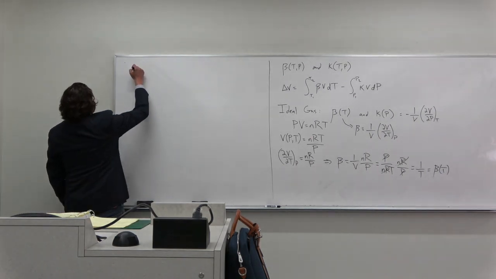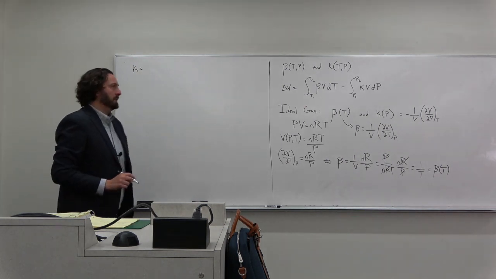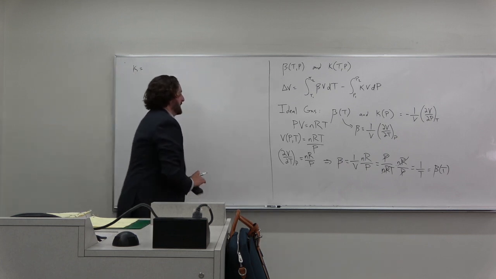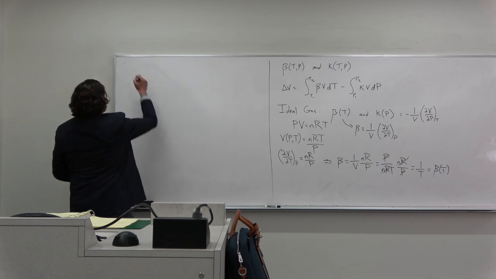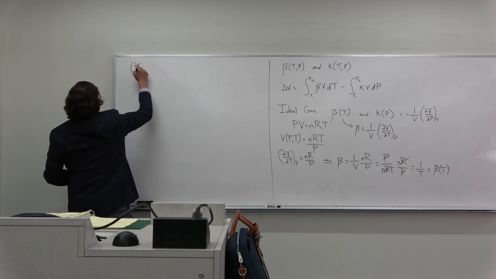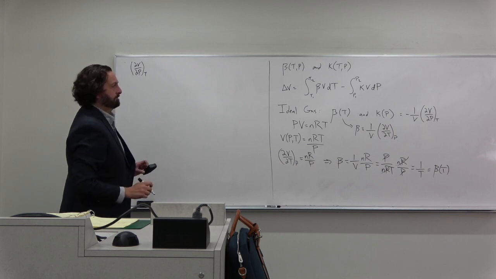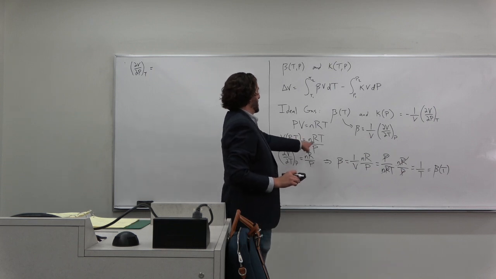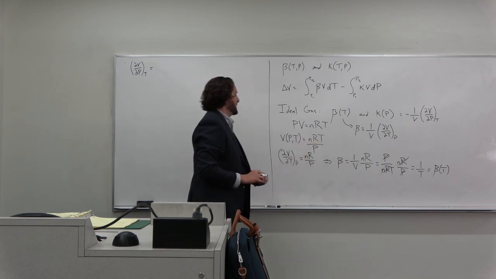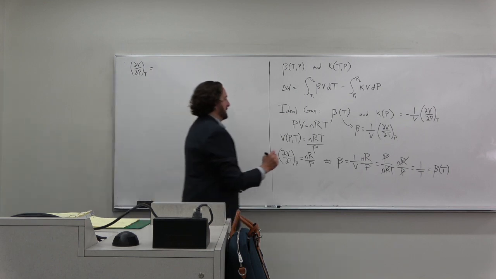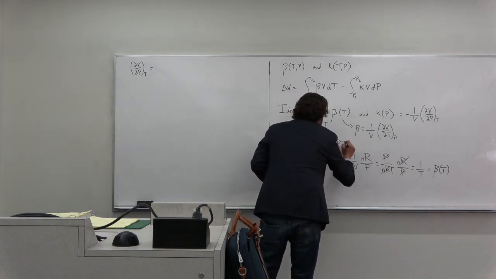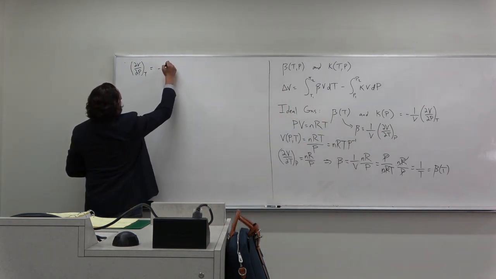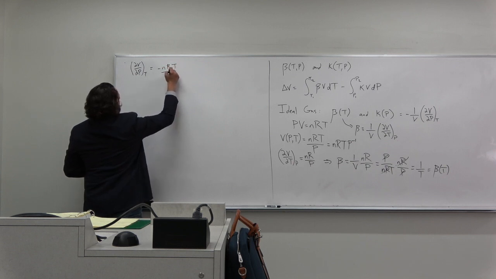So let's do kappa. Kappa is minus 1 over V, partial V partial P at constant T. V is nRT over P, so we take T to be constant and take the derivative with respect to P. We can imagine this as nRT P to the minus 1, so the derivative is minus nRT over P squared.